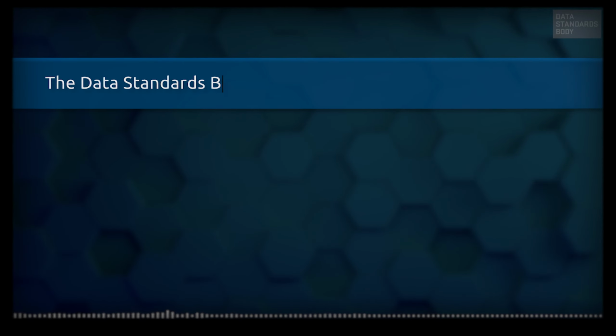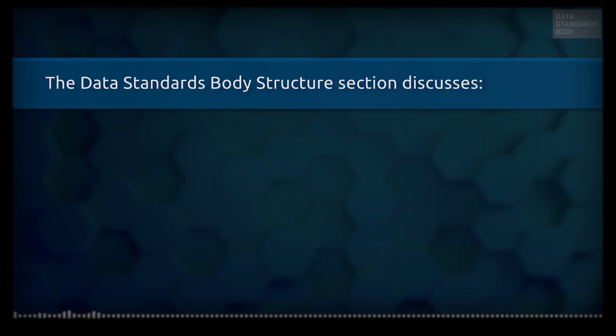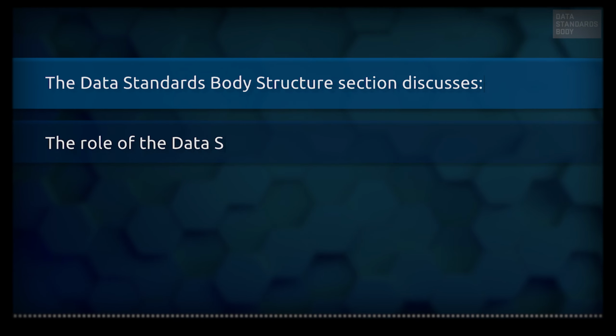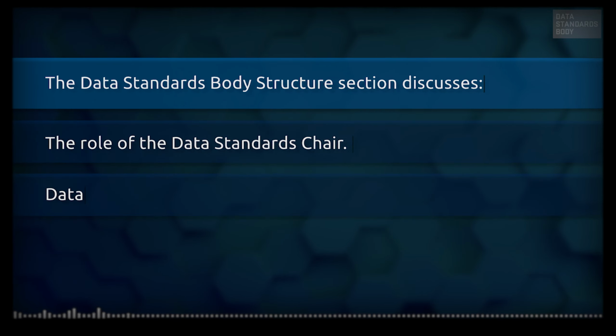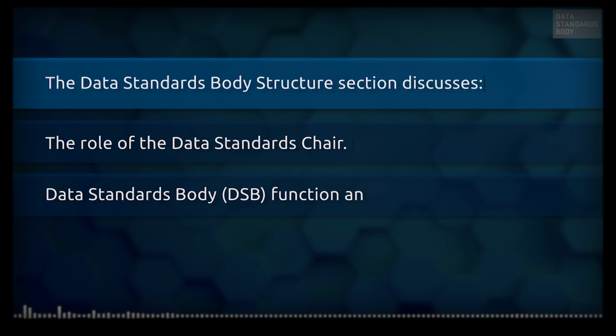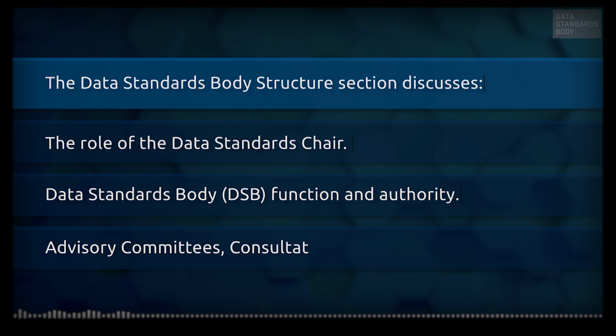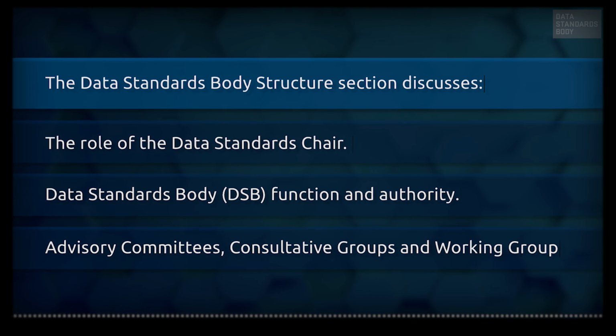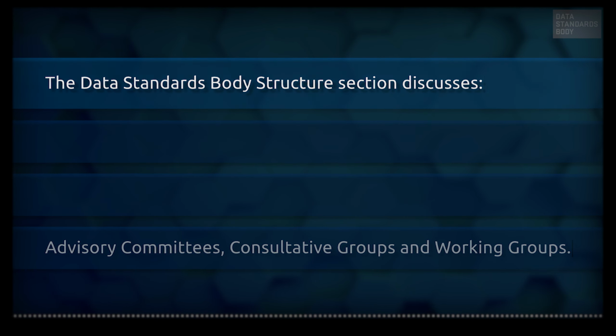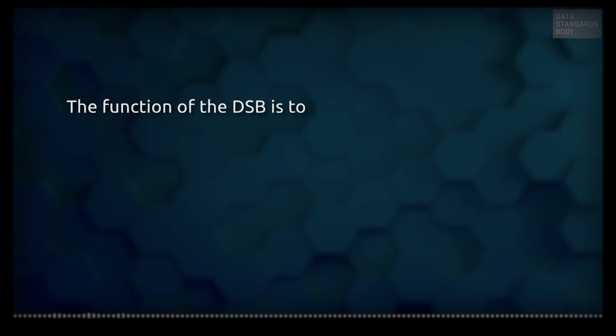The Data Standards Body Structure section discusses the role of the Data Standards Chair, Data Standards Body (DSB) function and authority, advisory committees, consultative groups, and working groups. The function of the DSB is to assist the Chair.